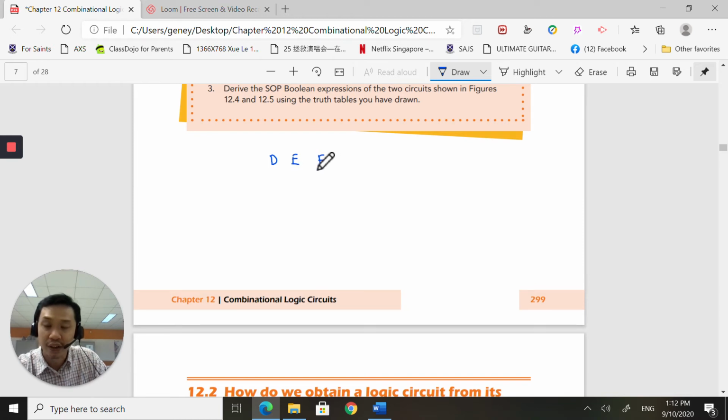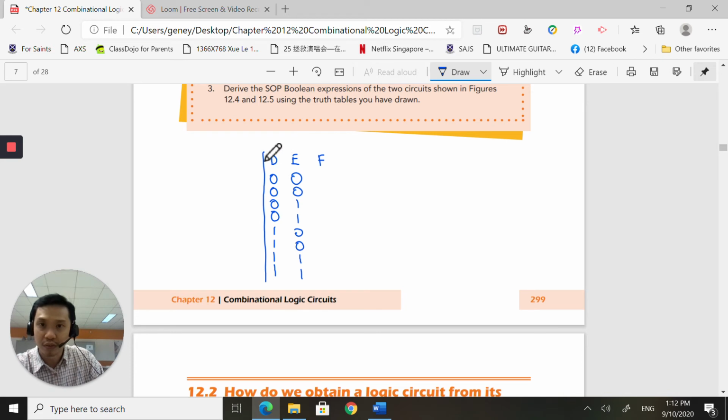So let's draw a D, E, F. And remember, with three inputs, you need a 0, 0, 0, 0, 1, 1, 1, 1. 0, 0, 1, 1, 0, 0, 1, 1. I'm going to draw some lines to help guide. Okay, so it'll be neater. All right.